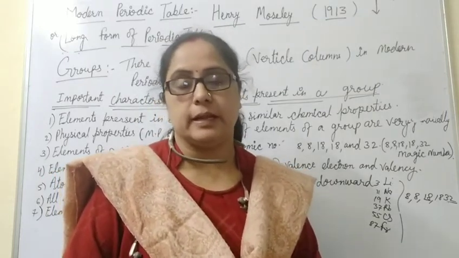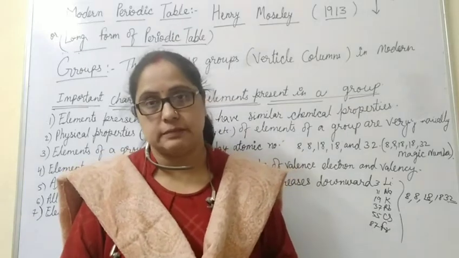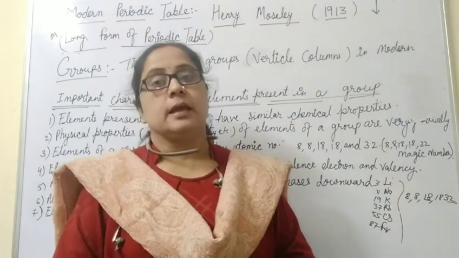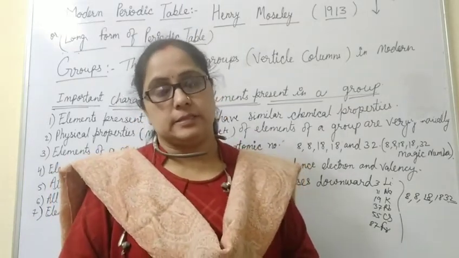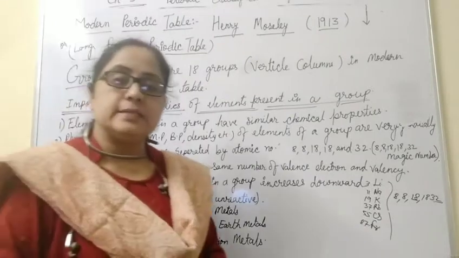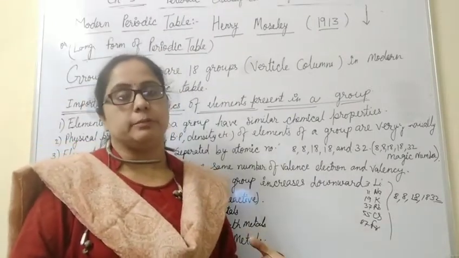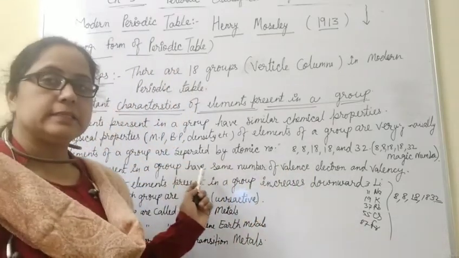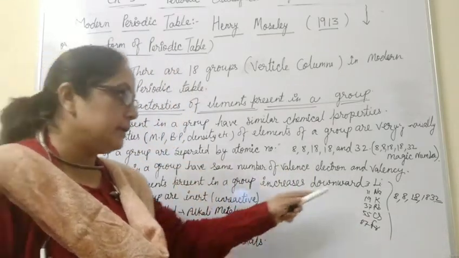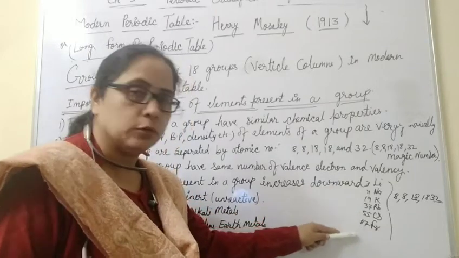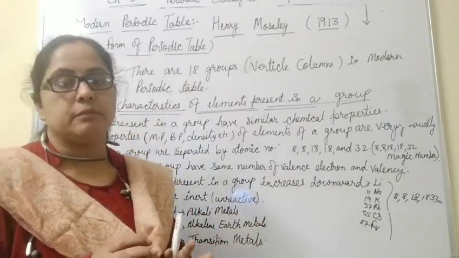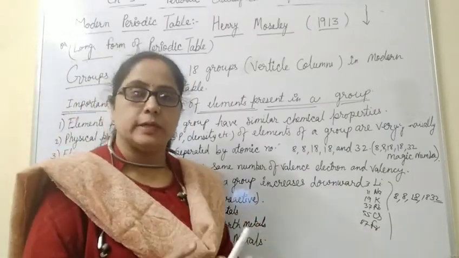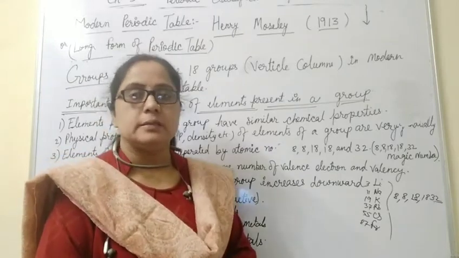And if their valence electrons are 5, 6, or 7, then their valency is 8 minus the valence electrons. So valency is found with the help of valence electrons. The elements present in the same group have the same valence electrons, so their valency will also be the same.